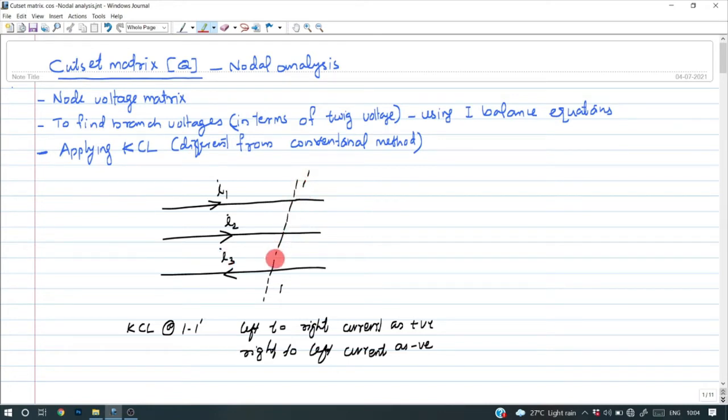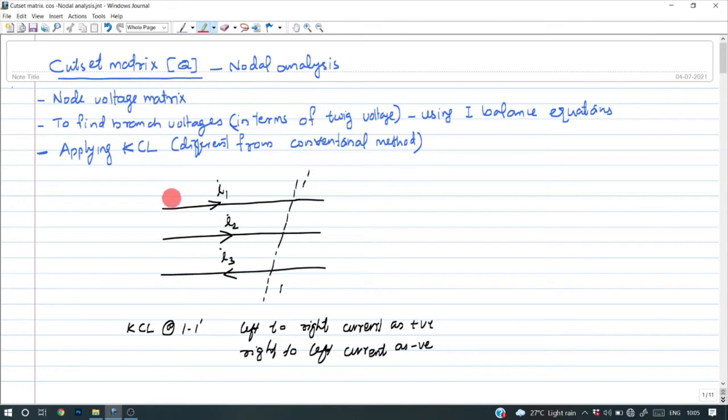Consider an imaginary line 1, 1 dash which is cutting these branches into two parts. Then we can sum the current crossing this imaginary line. That sum is 0. So we can apply KCL across this imaginary line. In this case, we are assuming that left to right current is positive.